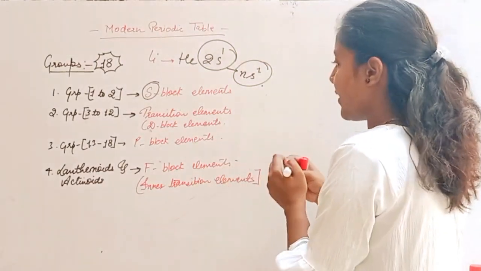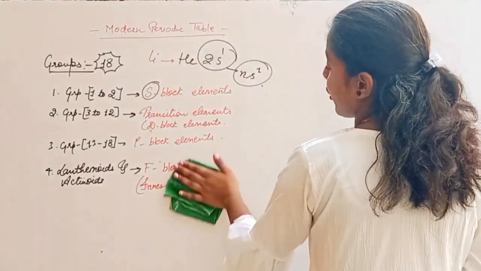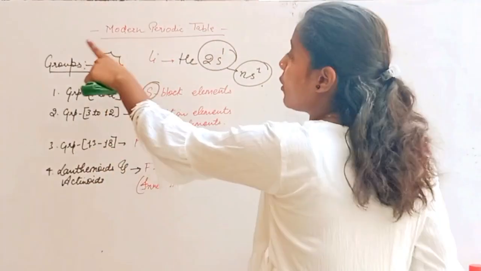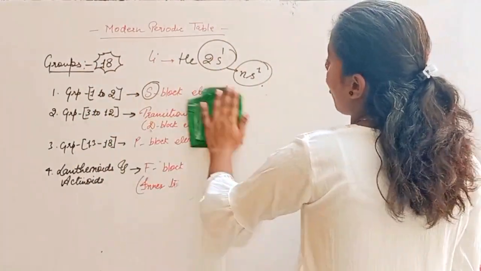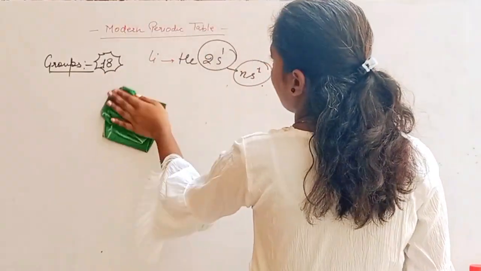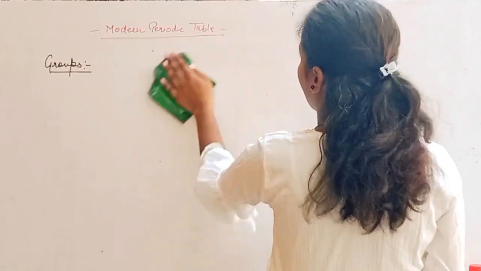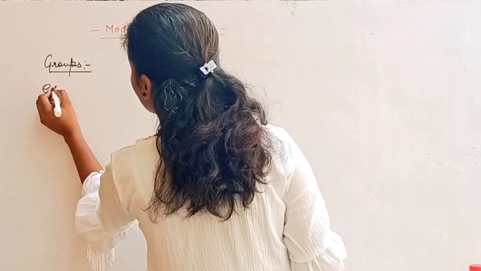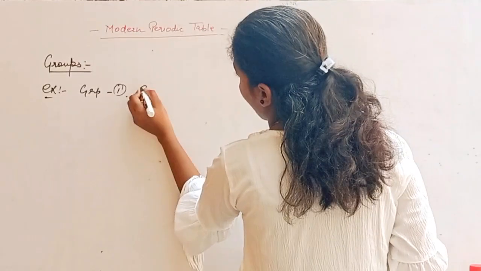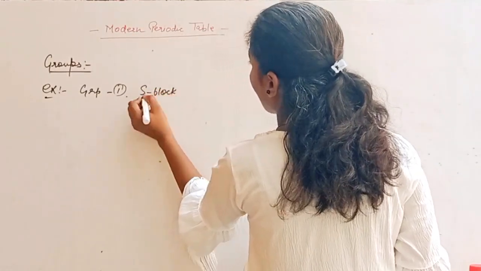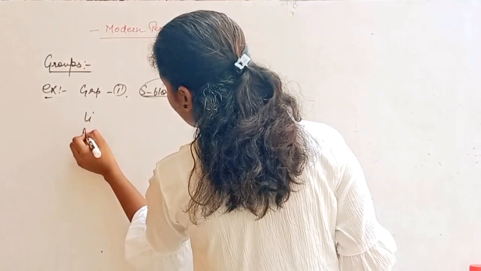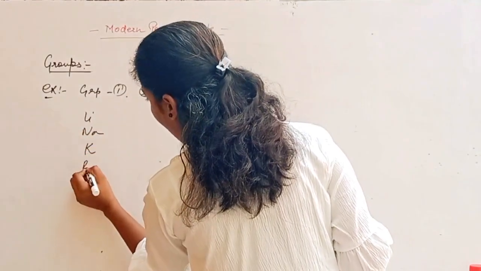Let me give you an idea of how the electronic configuration of the outermost shell tells us the group to which an element belongs. Take the example of group number 1, S block elements: lithium, sodium, potassium, rubidium, and so on.